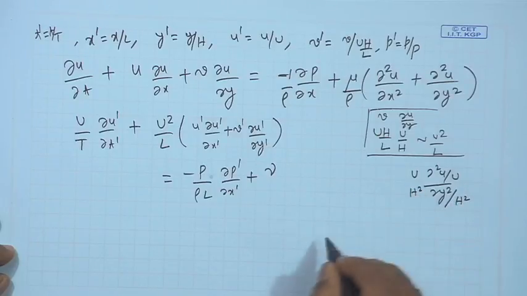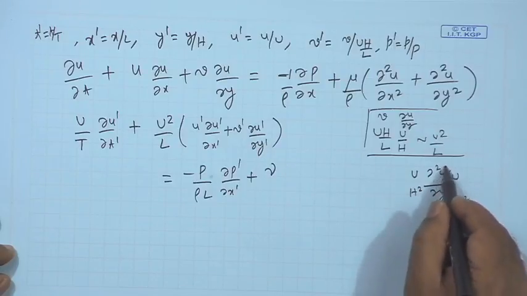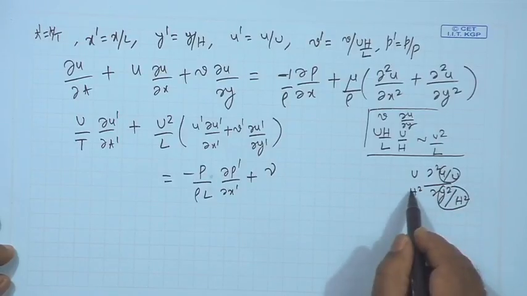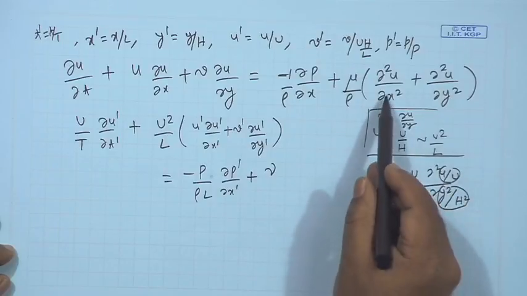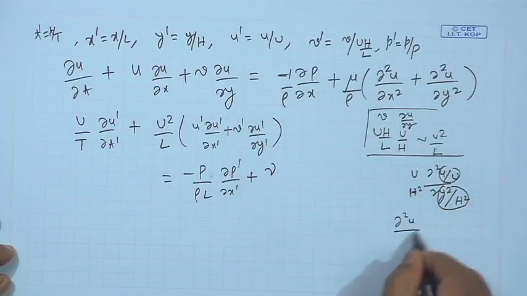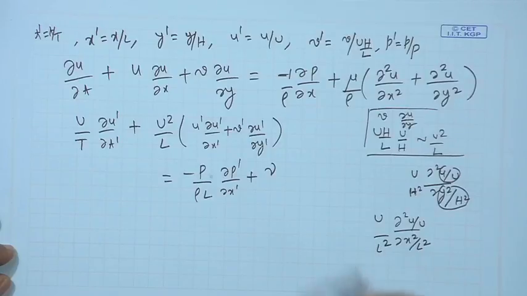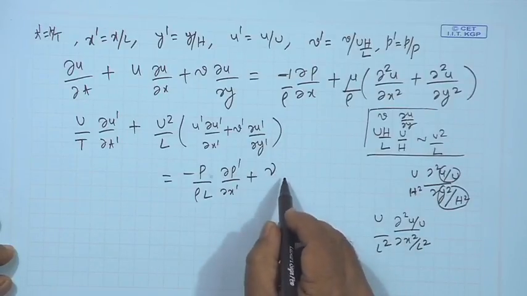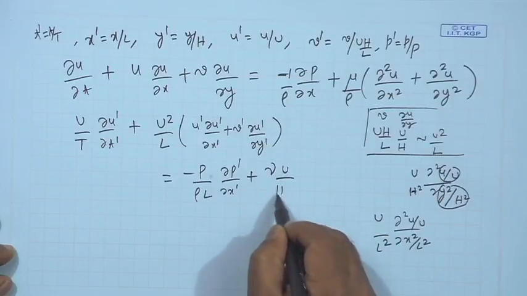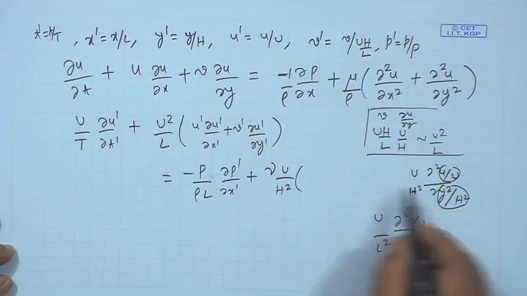So, you get h square. Okay. So, this is the scaling for this term, and similarly for this if you do, and here L square. So, u by L square. Okay. But we would like to take u by h square common. So, this comes straight away.